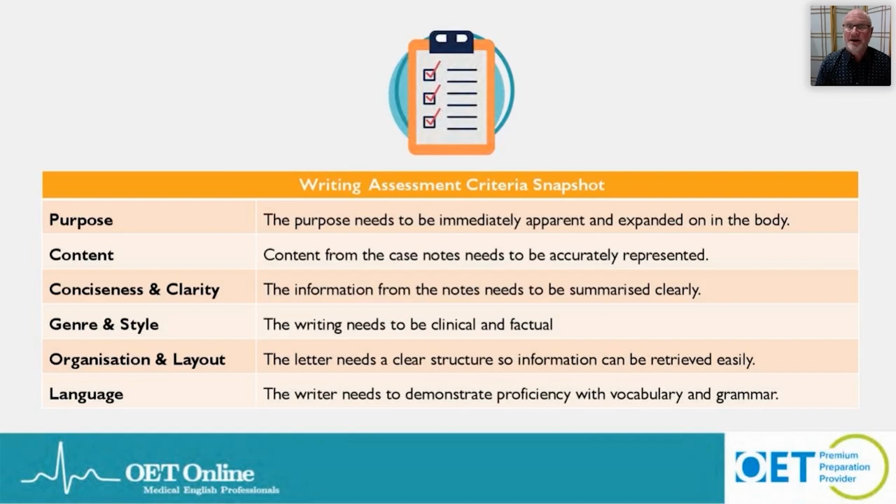In terms of grammar, patients' conditions are often complex. Therefore, you need that ability to express that complexity in your language, which can be done through sentence structures, including simple, compound, and complex sentences. So a lot to cover in that area.